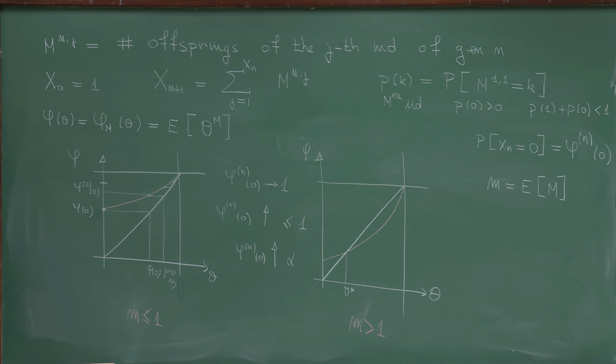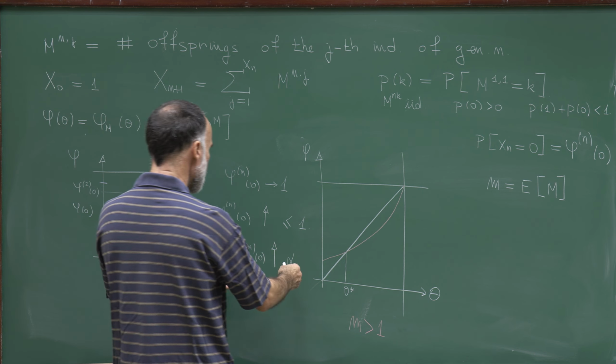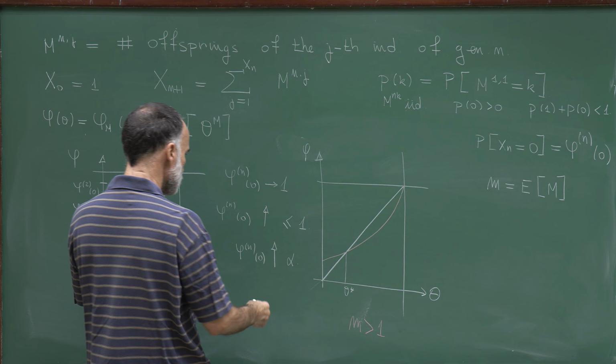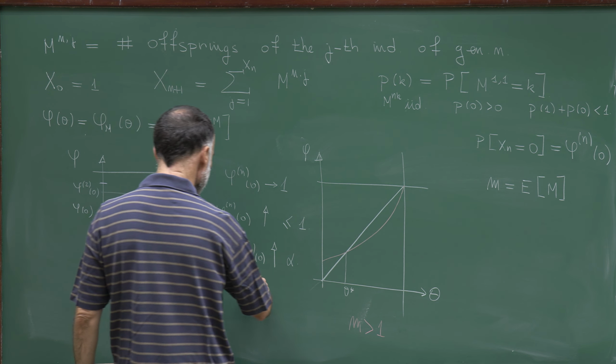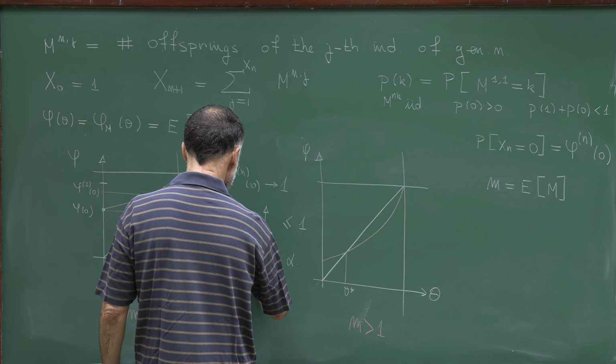Since phi is a continuous function, by applying phi on both sides you get that phi n plus 1 at 0 converges to phi of alpha. But you know that phi n plus 1 converges to alpha, so this implies that phi of alpha is equal to alpha.